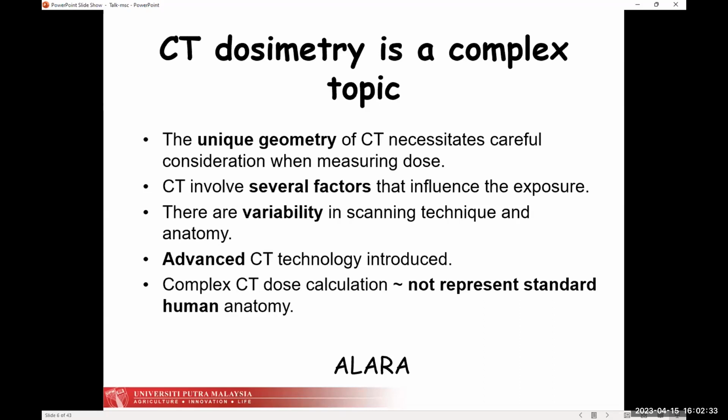Nowadays, probably the beam is more than 60 centimeter. That becomes an issue in how we can get an accurate dosimetry for wider cone beam CT.